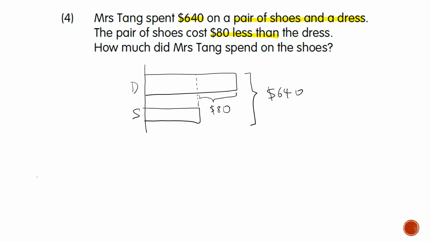Correct. How much did Mrs. Tang spend on the shoes? Okay, so this one is a given total and given difference. So first you get rid of the difference. 640 minus 80. Okay, you have to work it out yourself. Okay, please do your working. Okay, you should be able to get $560. Okay, so now what is this $560?